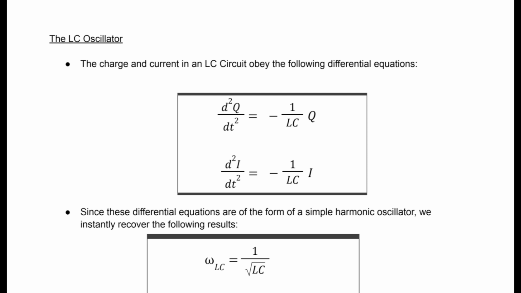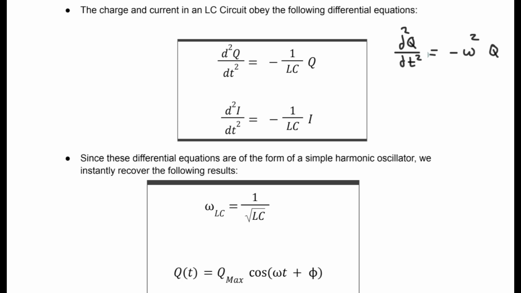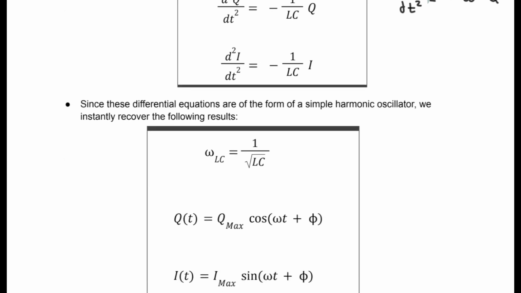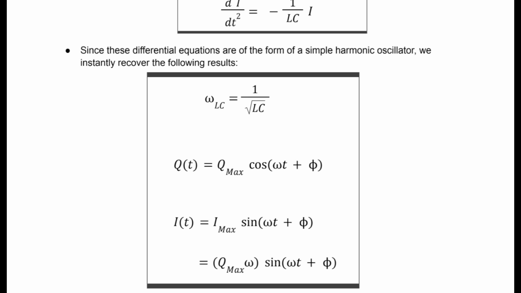It's given by the second derivative with respect to time is equal to this constant, negative 1 over LC, times Q, or times I. And just by doing some matching, where we know that the simple harmonic oscillator satisfies the equation that looks like the second derivative is equal to the negative of the angular frequency squared times the function itself, this tells us that this constant omega squared would be 1 over LC, so omega would just be the square root of 1 over LC.